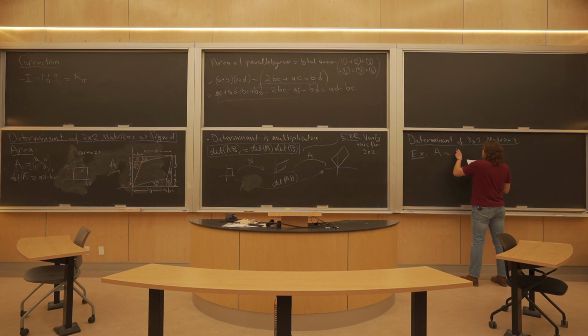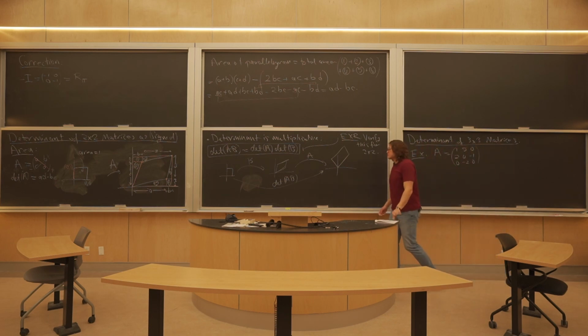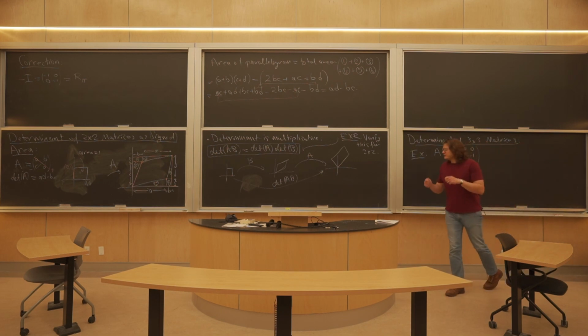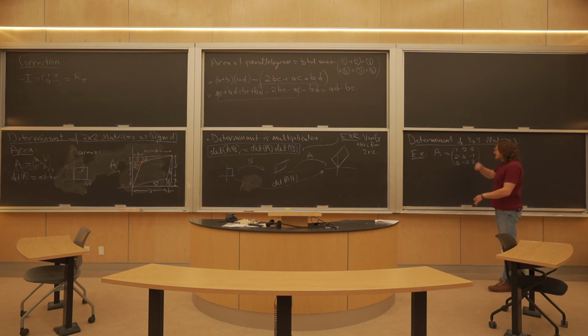A equals 1, 5, 0, 2, 4, minus 1, 0, minus 2, 0. So I'm going to have beams of light, I guess, or rays going this way and that way. From up, down, this way. So I have this, but I'm going to have also this.